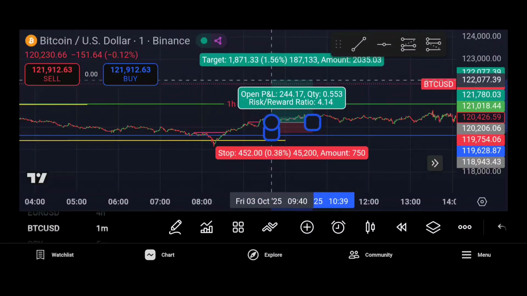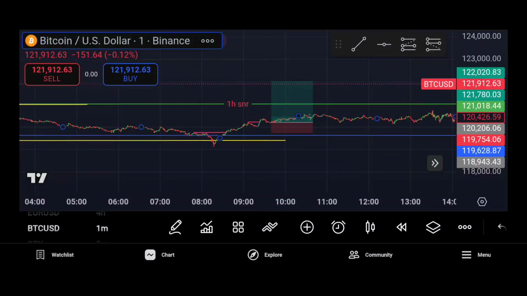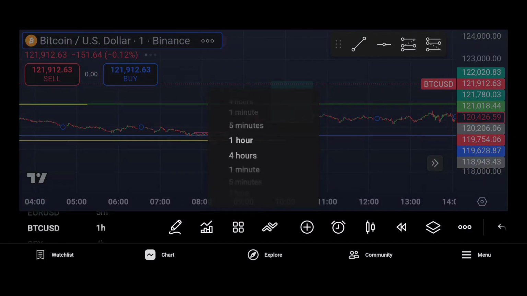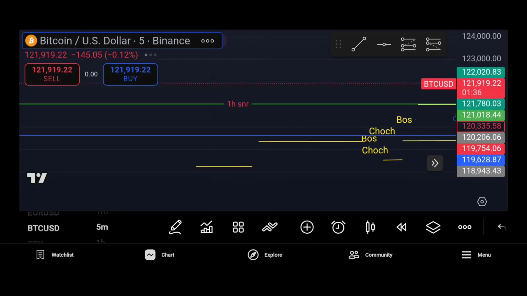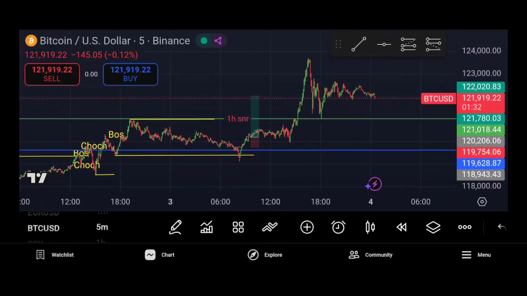As long as the 5-minute candle closes above, that's when I confirm the trend change on the 5-minute, and that confirms to me that the market now is continuing bullish.